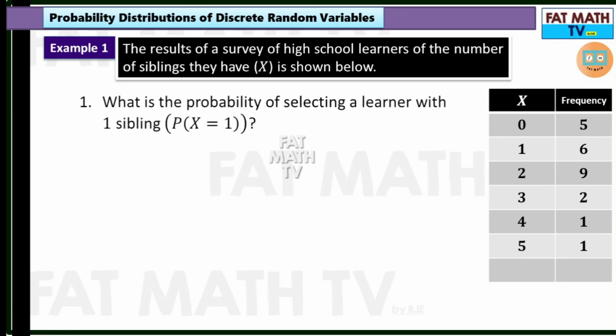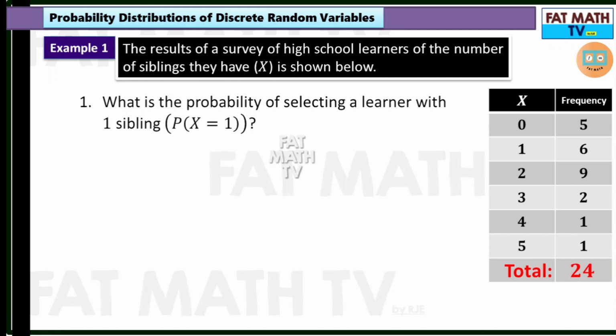What is the probability of selecting a learner with 1 sibling? Before we answer this, we have to identify first the total number of high school learners surveyed. So we have to add all the frequencies that we see here. 5 plus 6 plus 9 plus 2 plus 1 plus 1, that's a total of 24.